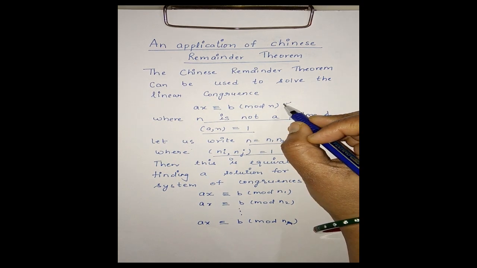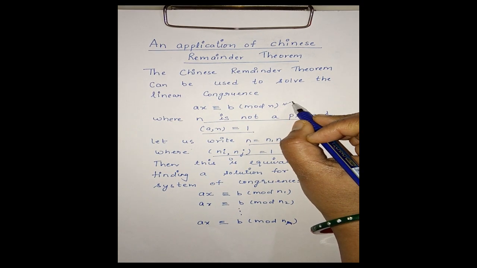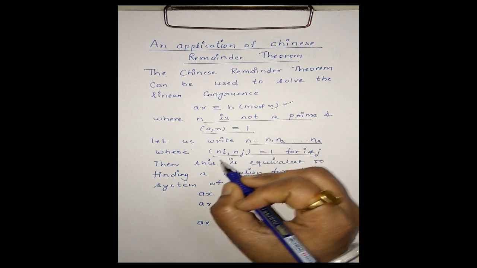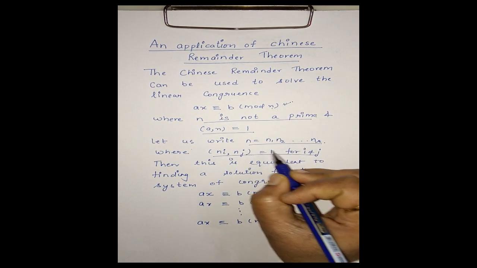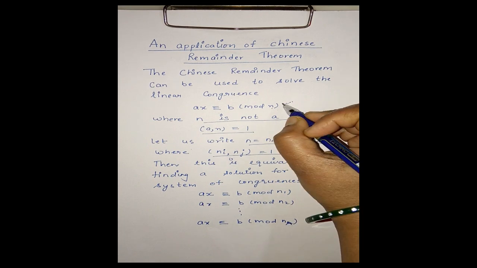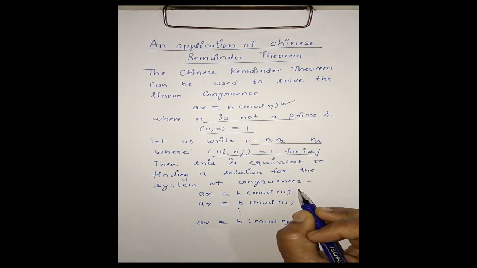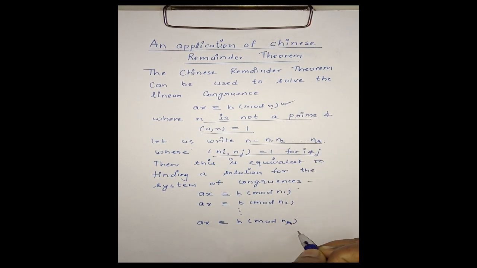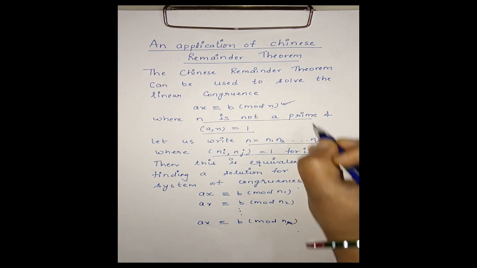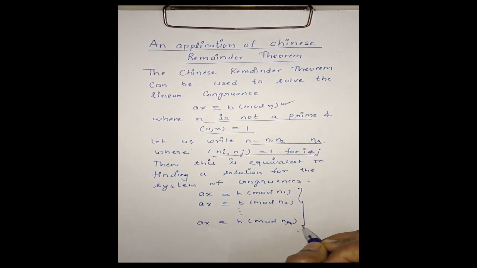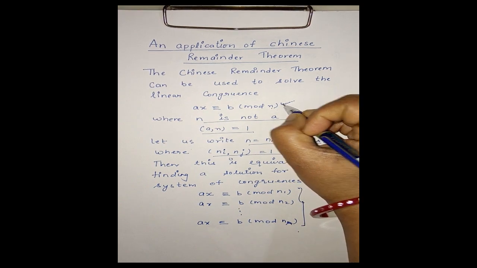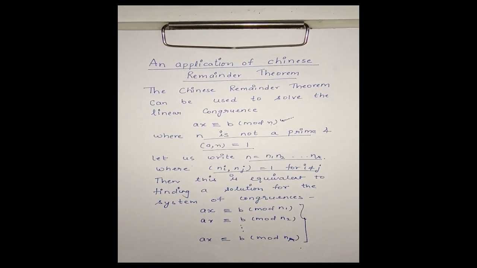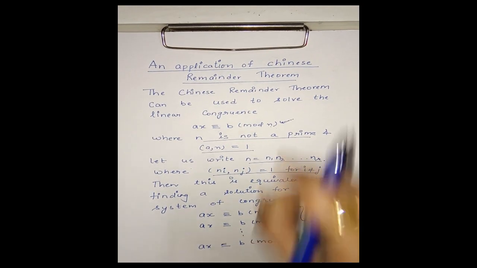Means if we want to solve the linear congruence of this form where n is not a prime but n can be written as a product of relatively prime integers, then this congruence is the same as a system of linear congruences. Now we will solve this system of congruences in order to find the solution of this linear congruence. Now let us understand this with the help of examples.